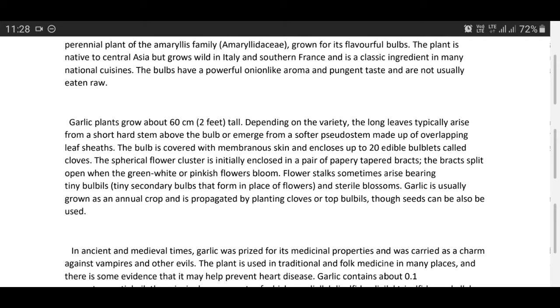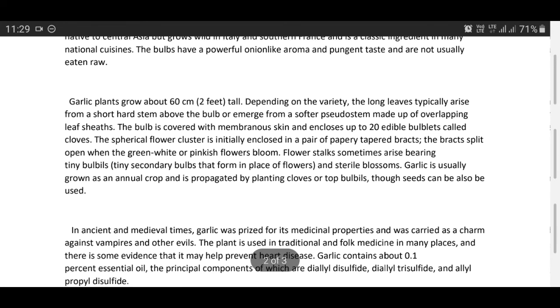Though seeds can also be used, seed set does not take place in India. It requires very low temperatures. Seed setting is possible just after flowering and pollination.